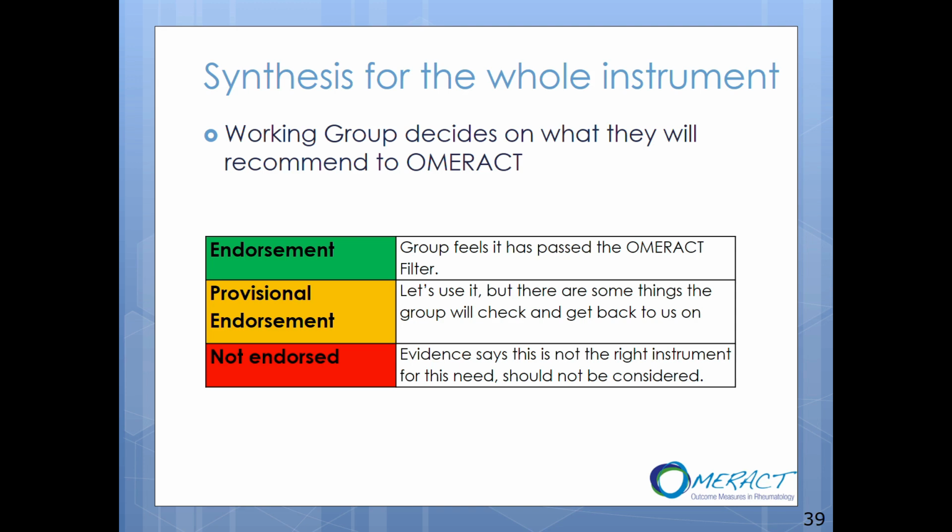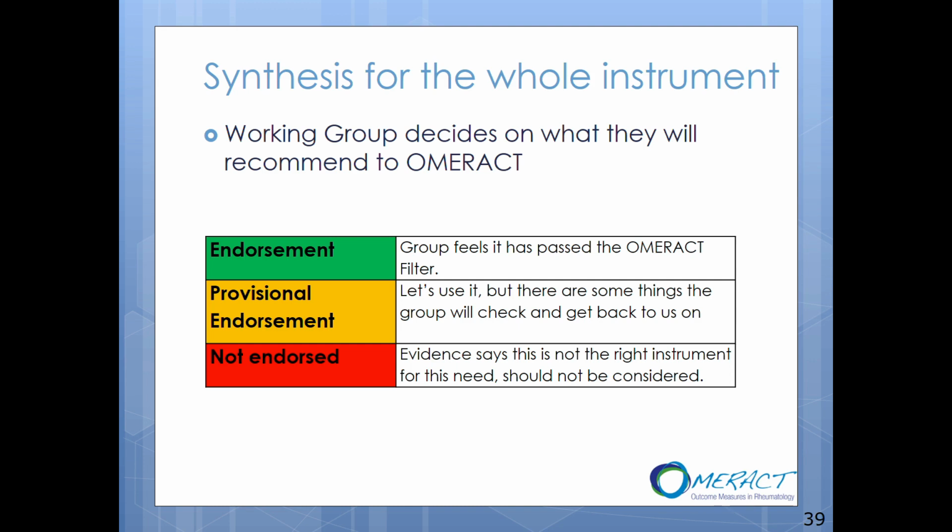Amber is a provisional endorsement. So if there are some amber ratings in your measurement profile, you'll need to give a provisional endorsement, which means let's go ahead and use it, but there's some things for us and the working group to check on, and then get back to us to move it up to a green. And then red would suggest that this instrument is not the right instrument for this need, so it should not be considered.